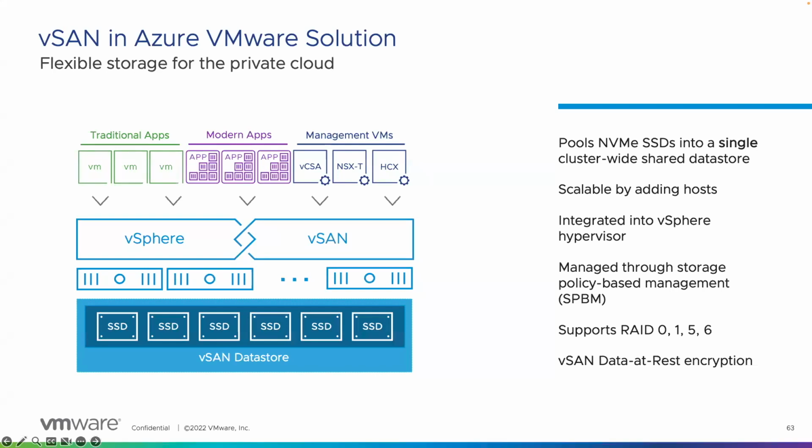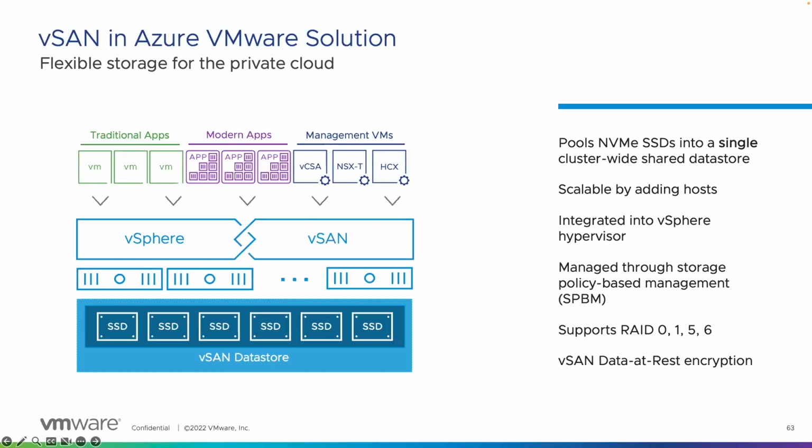vSAN is a bit different than your typical storage in that it abstracts and aggregates locally attached disks in a vSphere cluster to create a storage solution that can be provisioned and managed from vCenter.